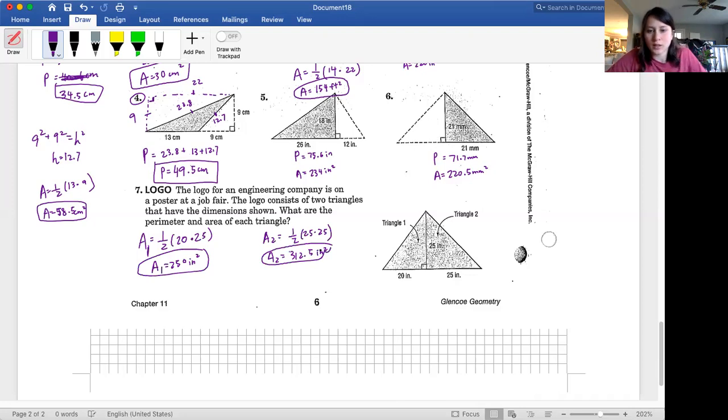Okay, now for the perimeter. I'm stuck because I need to find the hypotenuse of both of these. So for triangle 1, 20 squared plus 25 squared equals the hypotenuse squared. And then triangle 2 is 25 squared plus 25 squared equals hypotenuse squared.